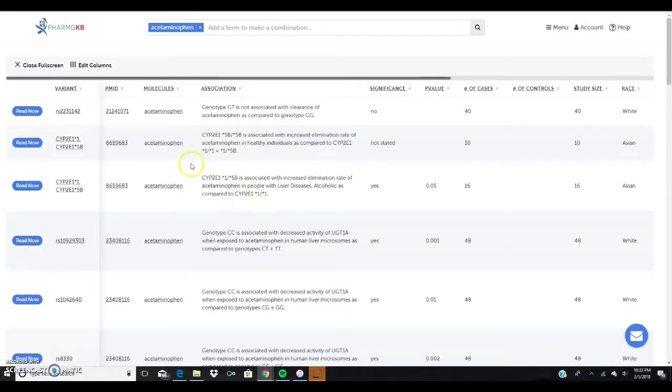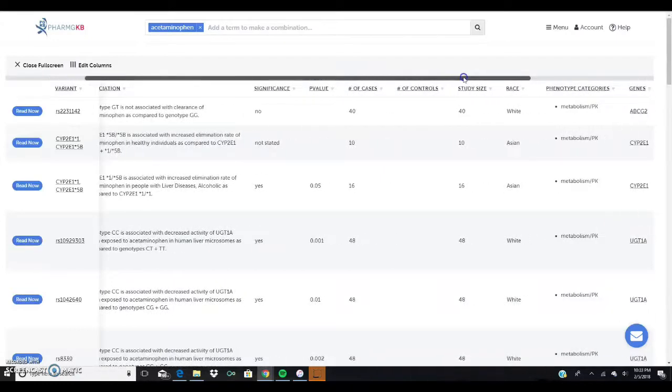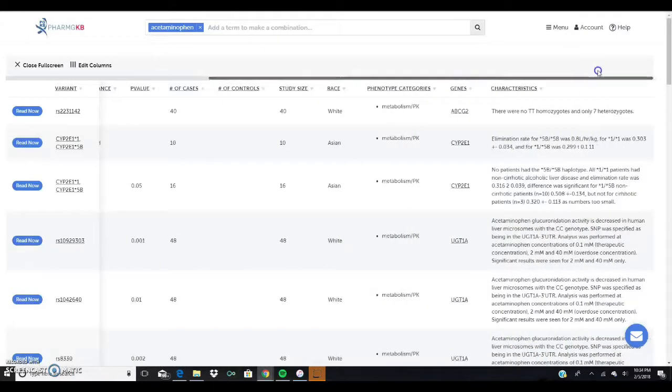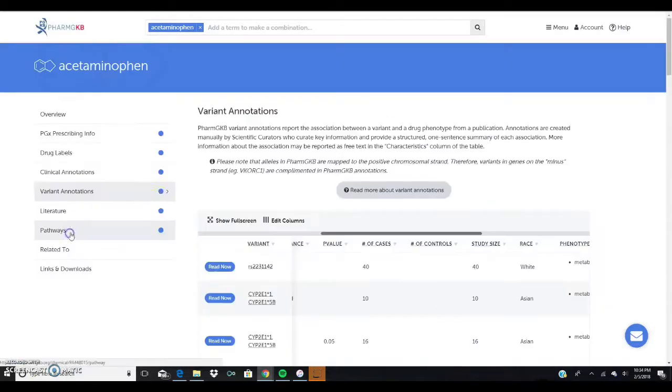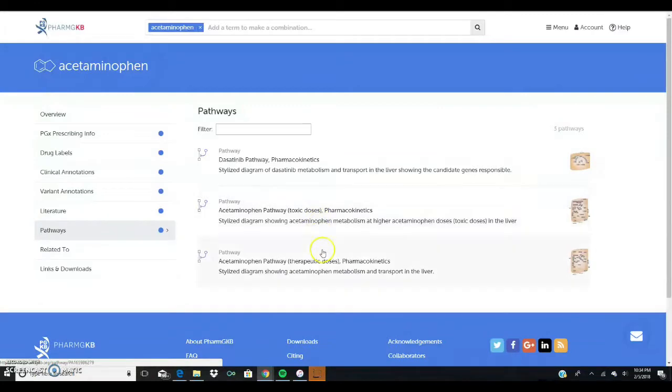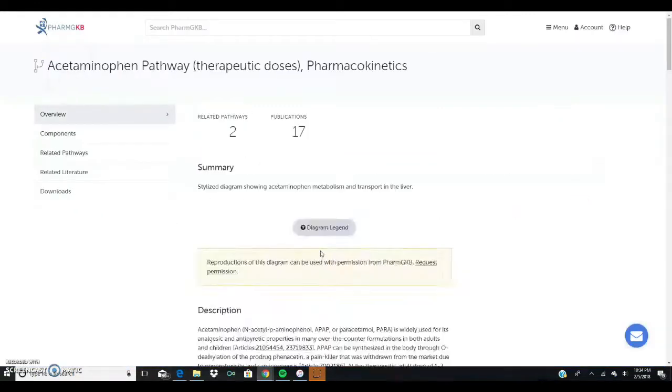As you can see, there are different descriptions and different variants in genes that are used to find information for each gene. And as you scroll towards the right, you can see more information on how people react to each gene or each variant of acetaminophen. Now we click on the Pathways tab and click on Therapeutic Doses.